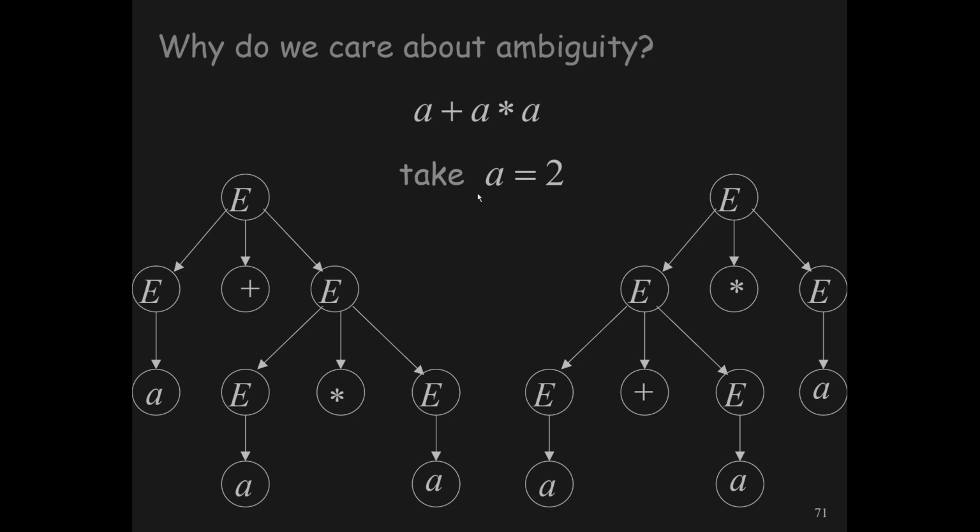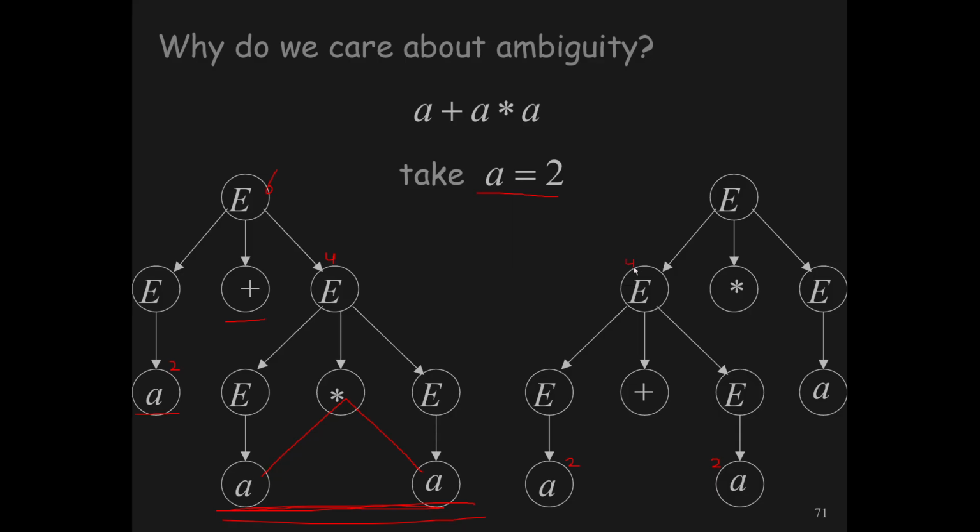So let's say A is equal to 2. This is 2 plus 2 times 2. So first you do this part, the smaller sub part, which gives you 2 times 2 is 4. So 4 plus 2 gives you 6. Now the other way around is 2 plus 2.